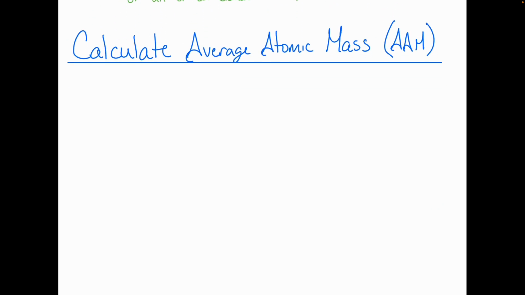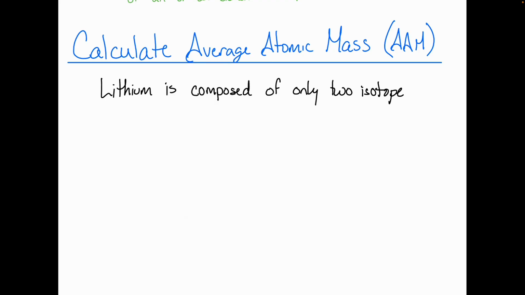Okay, and I'm just going to put a sample problem down here. So we had pointed out lithium. All right, I'm going to tell you that lithium is composed of only 2 isotopes. All right, that is lithium-6 and lithium-7.